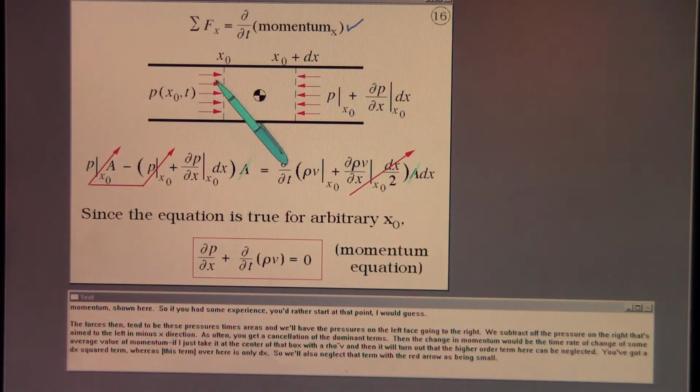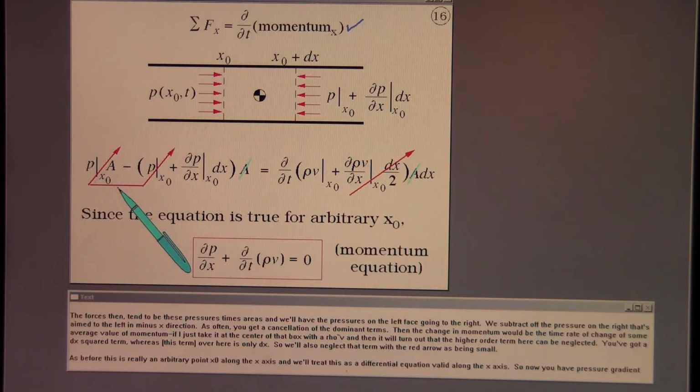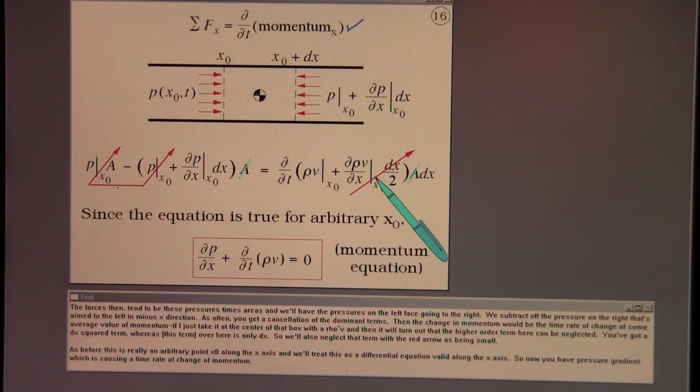The forces then tend to be these pressures times areas, and you'll have the pressure on the left face pointing to the right. We subtract off the pressure on the right that's aimed to the left in the minus x direction. As often, you get a cancellation of the dominant terms. Then the change of momentum would be the time rate of change of some average value of momentum if I just take it at the center of that box with the rho v, and then it will turn out that the higher order term here can be neglected.